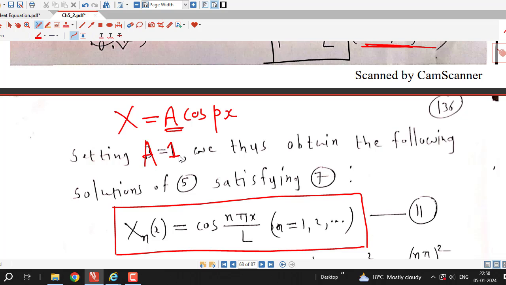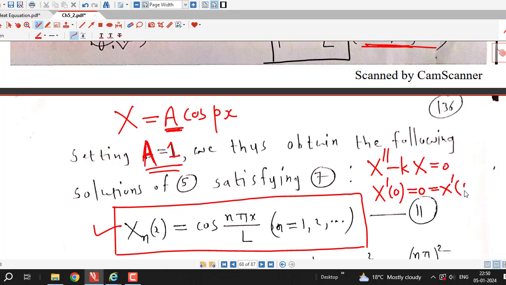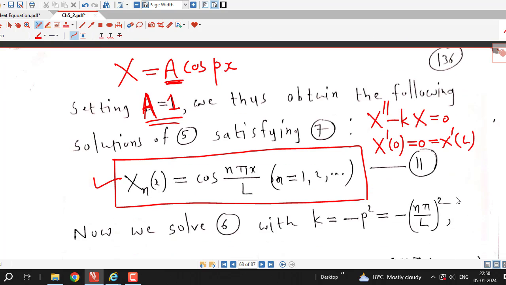It is arbitrary constant, so we can take any value for arbitrary constant. Suppose we consider A equal to 1 and p is n pi over L. So these are the linearly independent functions which are solutions of the equation x double dash minus kx equal to 0, which satisfies the boundary conditions x dash 0 equal to 0 and x dash L equal to 0.